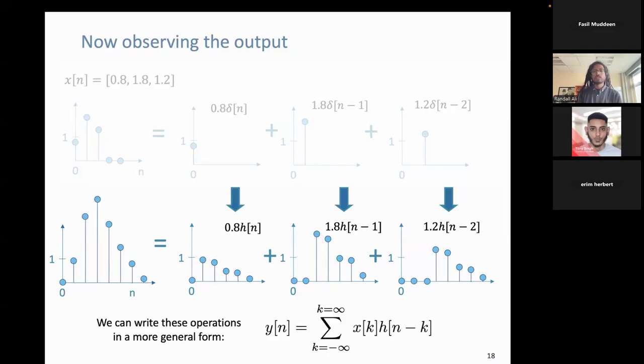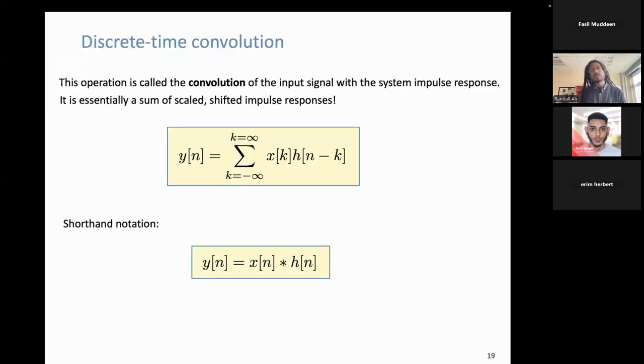Eventually, if you write this in a more general form, what this corresponds to is the discrete time convolution, right? So this is essentially what that discrete time convolution is. It's x of k multiplied by h of n minus k, and that's a summation over k from minus infinity to infinity, where k is just this index that's shifting here. So this is probably what you've seen already.